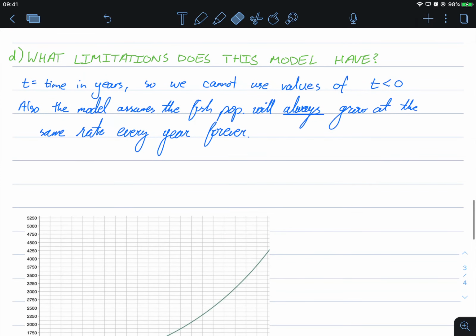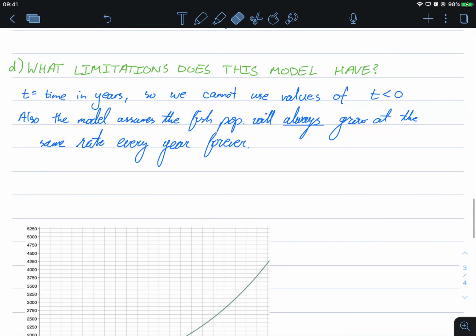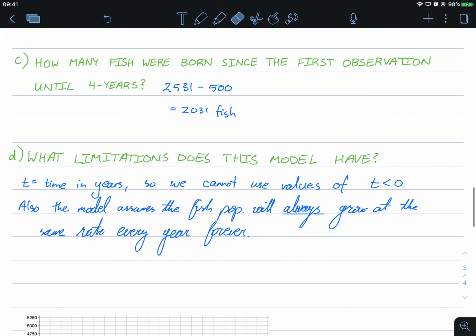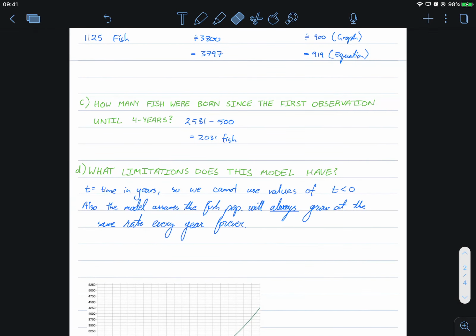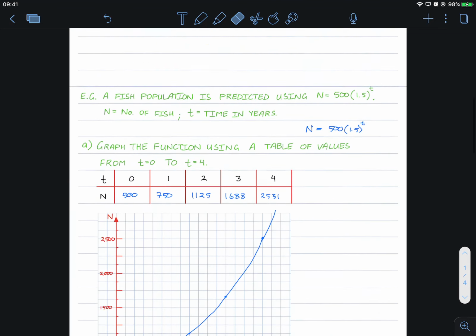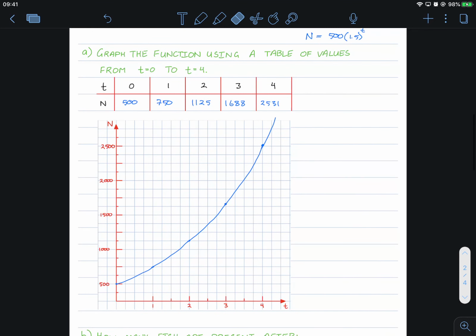So it's always just assuming it has the same growth rate every single year, and that it will always be growing. There are actually more points of discussion that we can have there, but these are just a few that I can come up with right about now. So I hope that gave you an insight into one example of an exponential model. Hope to see you in the next example.